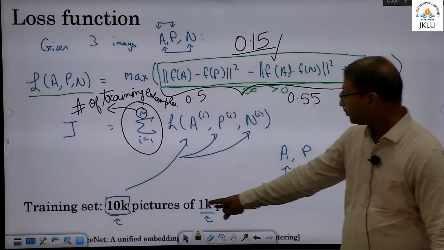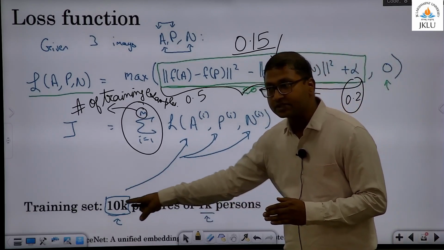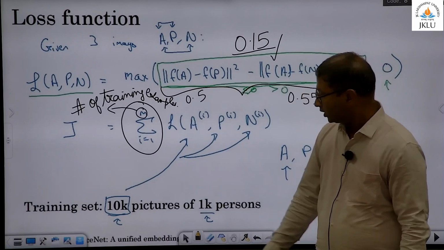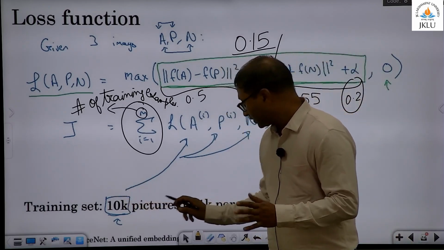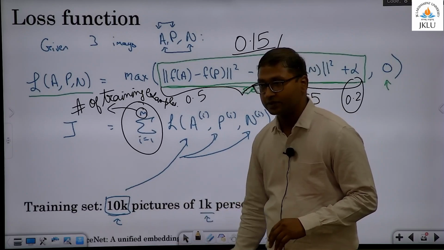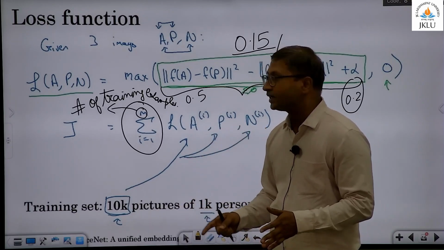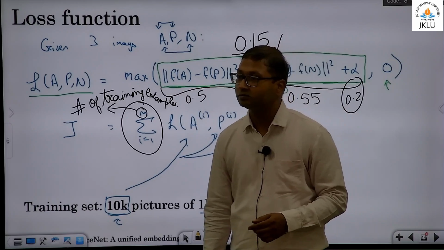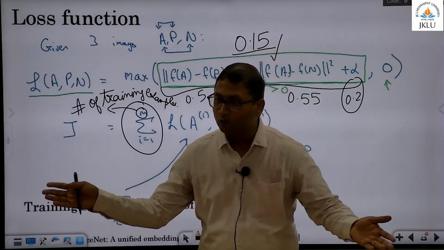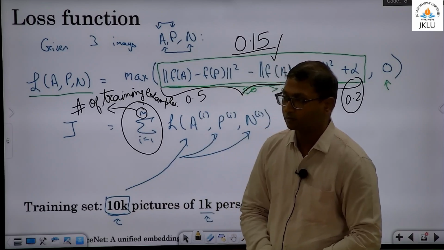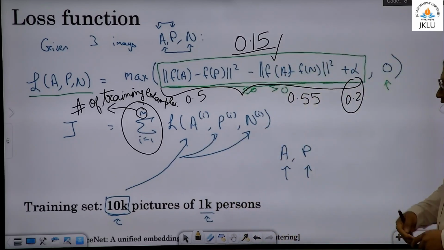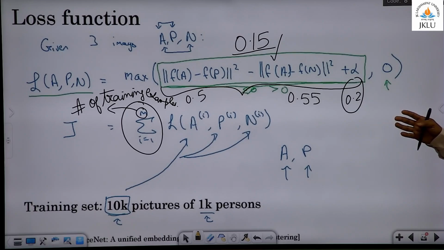So ideally, once you are done with this training, assuming every person has 10 images, for all those 10 images the difference of encoding will be close to 0. That would be the result of the training process.